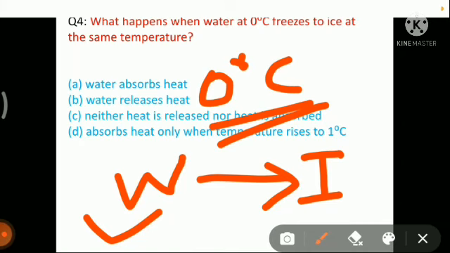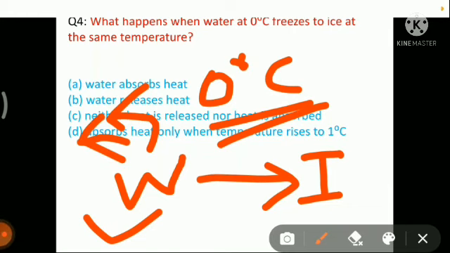So that means the extra energy present in water should go out of the water, because if the same energy were present in ice, then ice could not exist in its solid form, because we know that the energy of water is higher than the energy of a solid, and ice is a solid. So ice should have lower energy than water. The extra amount of energy that the water contains must be released.